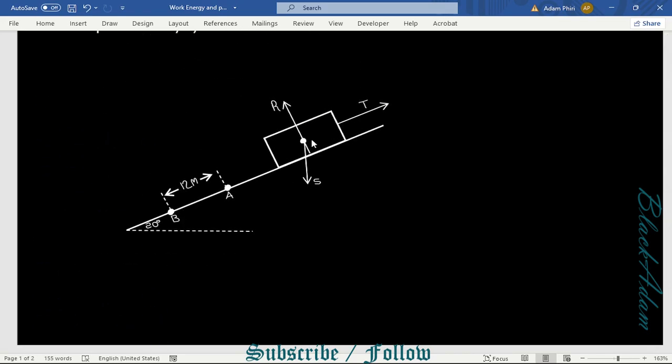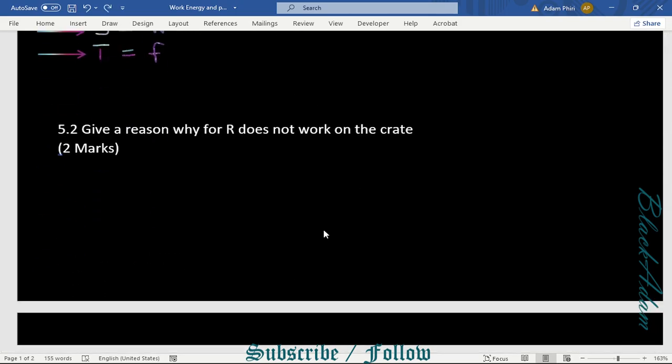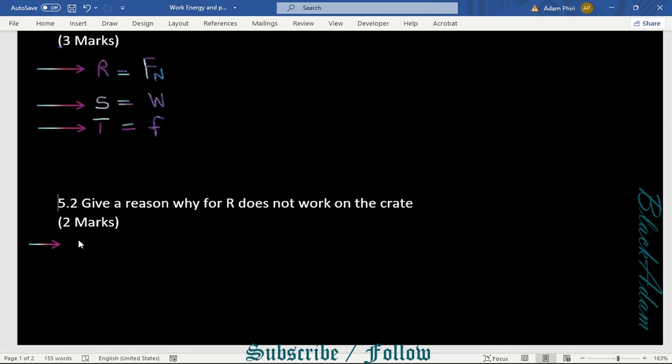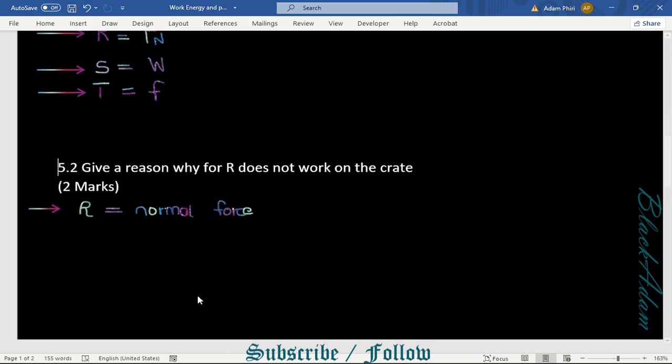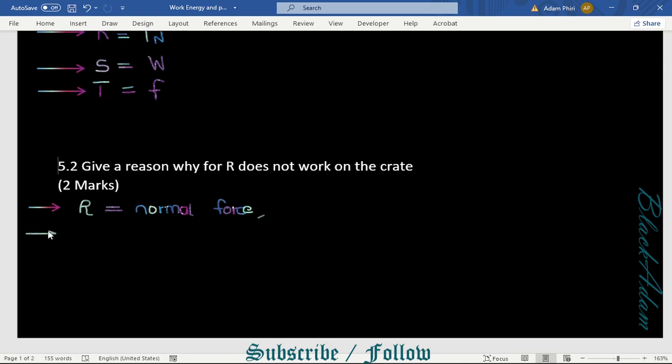I'll give a reason why R does not do work on the crate. R is a normal force, so it's a vertical force. That's point one. Also, it cancels out the weight.